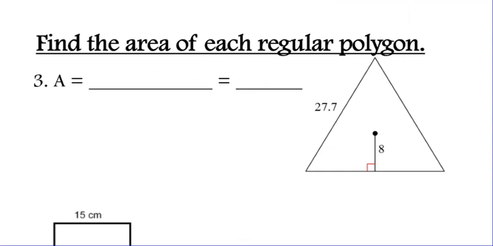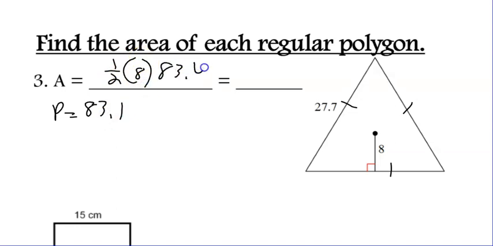How about this one? So, again, all 3 sides. So my perimeter is going to be 27.7 times 3, which is 83.1. So my formula is 1/2 the apothem, 8, times the perimeter, 83.1.